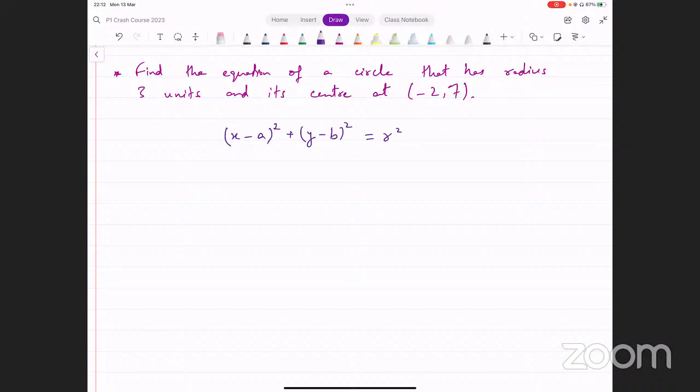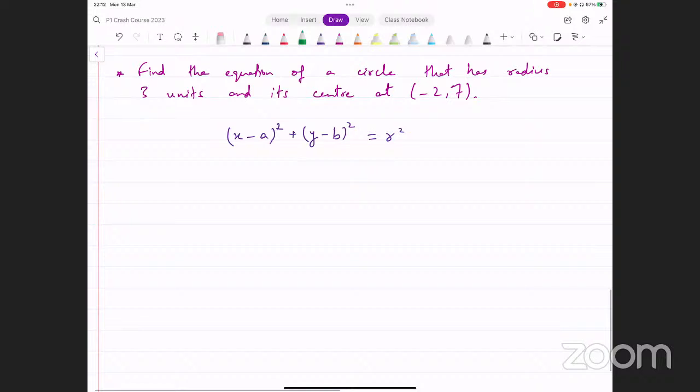Now, all you have to do is input values here. 3 is r, the radius, and these are the coordinates of the center, a and b. a is -2, so you write x minus -2 whole squared plus y minus 7 whole squared equals 3 squared.